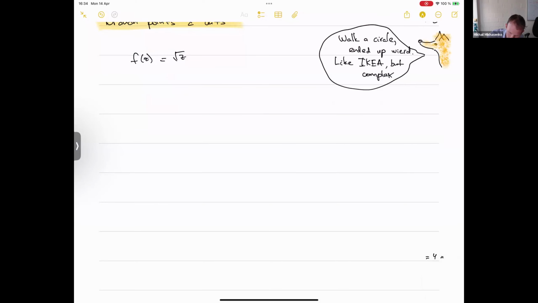And we will see this if we compute the function in the z domain at 4 points: 1 plus i epsilon, 1, and minus 1.